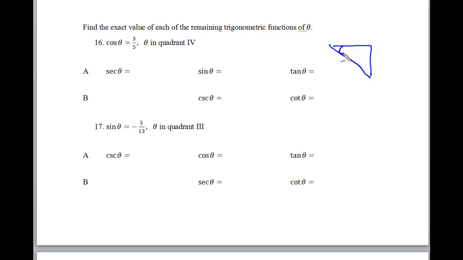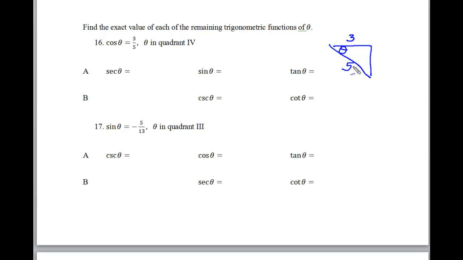Now, from theta, we know the cosine is 3 over 5. Cosine, the definition from SOHCAHTOA that we've used as our shortcut here, is going to be adjacent over hypotenuse. Now, adjacent over hypotenuse gives us some values that we can use.